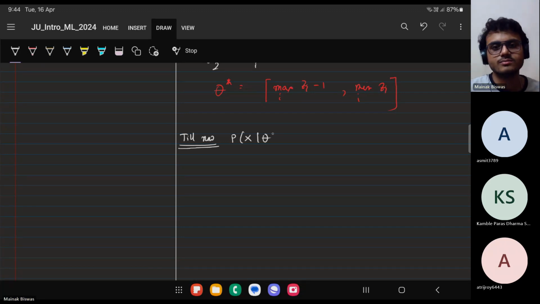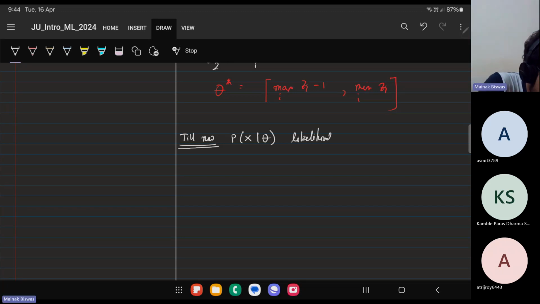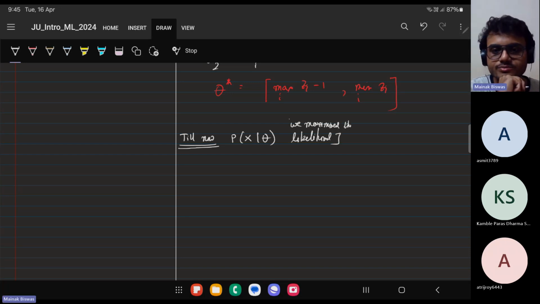Do you agree? This was the likelihood function. We maximize the likelihood, yes or no?